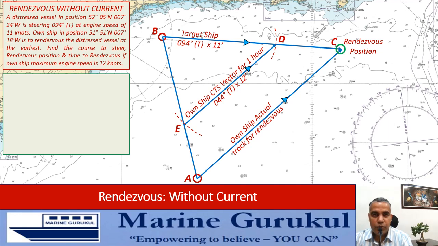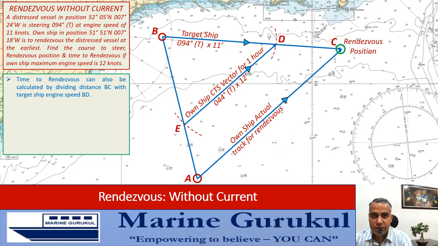The time to rendezvous can also be calculated using the target ship total distance, which is given by BC, Bravo Charlie, and dividing it by the target ship engine speed of 11 knots. Whether you calculate the time using the own ship data or the target ship data, both will give you the same answer.